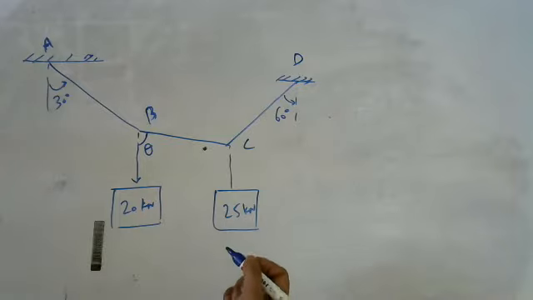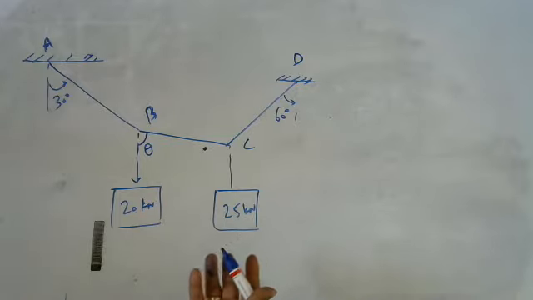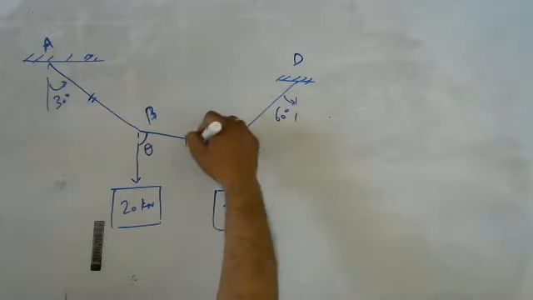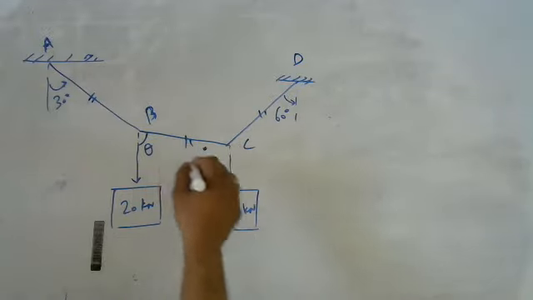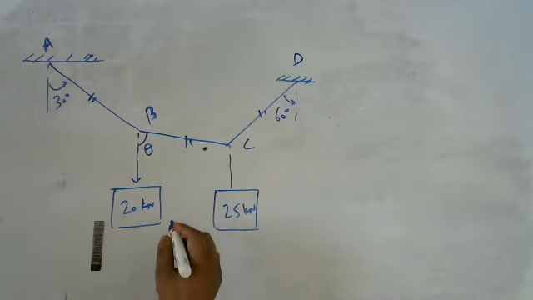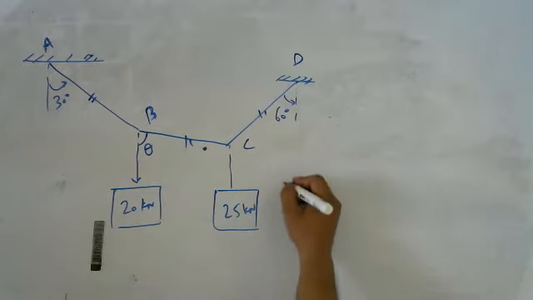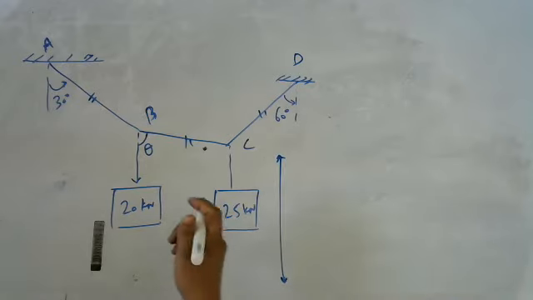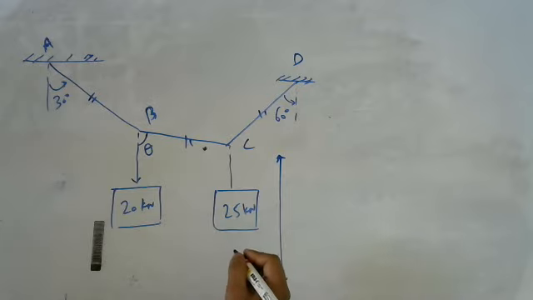So with this simple question, it is definitely asked the tension in this rope, this rope and this rope, and the inclination of this. So this is the homework for you, and if you are unable to solve the problem, you may write this in the comments. I will provide you the answer.